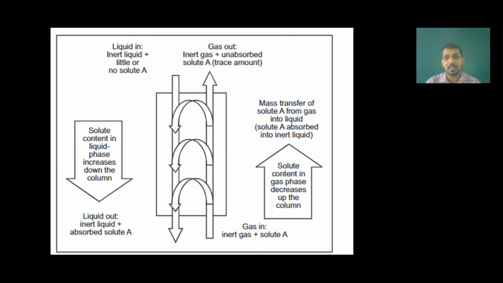Similarly, unreacted inert gas is present in the gas in, and the same amount is present in the gas out. And unabsorbed means, I gave you an example: say 80% of the gas component is present, 50% is absorbed by the liquid, and the remaining 30% is nothing but unabsorbed solute A that will be present in the gas out as it is. Okay, so this is all about counter current gas absorption and absorption phenomena.